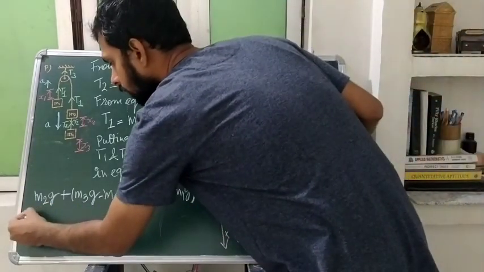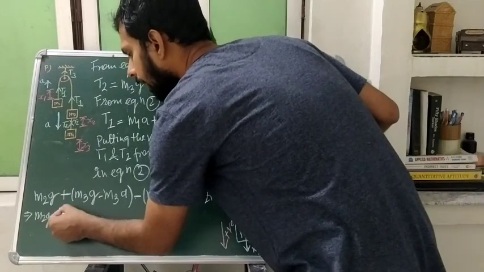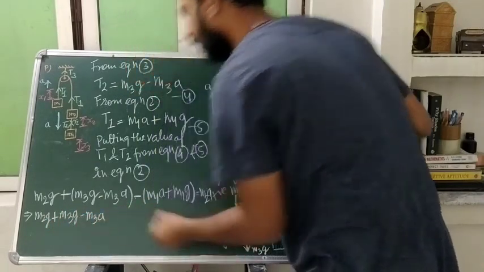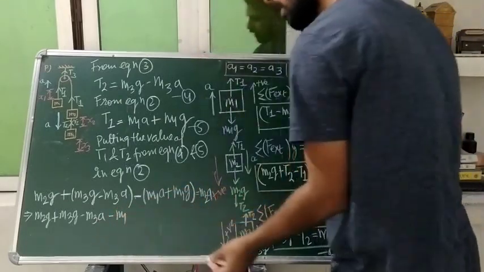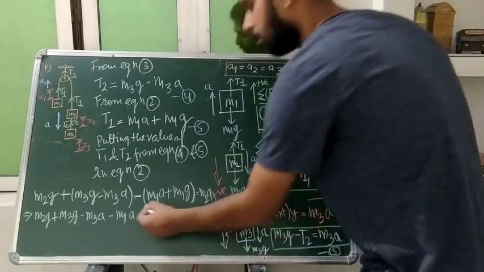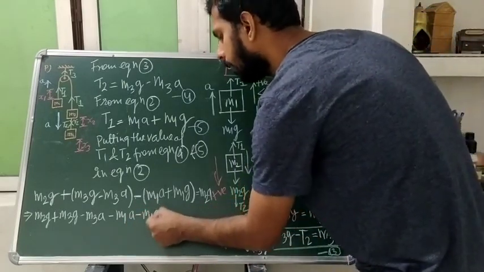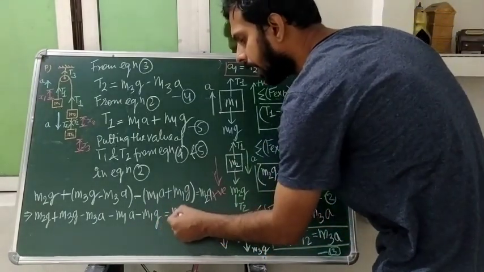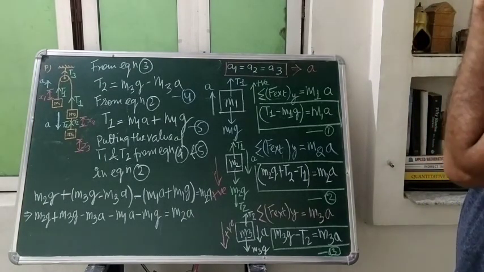So this will come out as M2G plus M3G minus M3A here. This minus will go inside the bracket. It will become minus M1A minus M1G. Okay, and this would be equal to what, student? M2A.